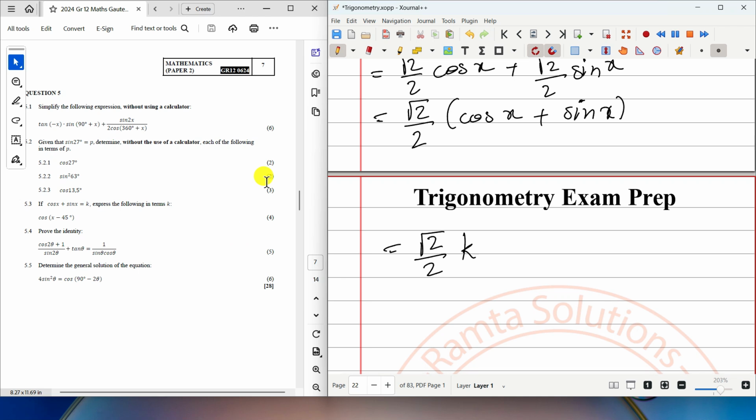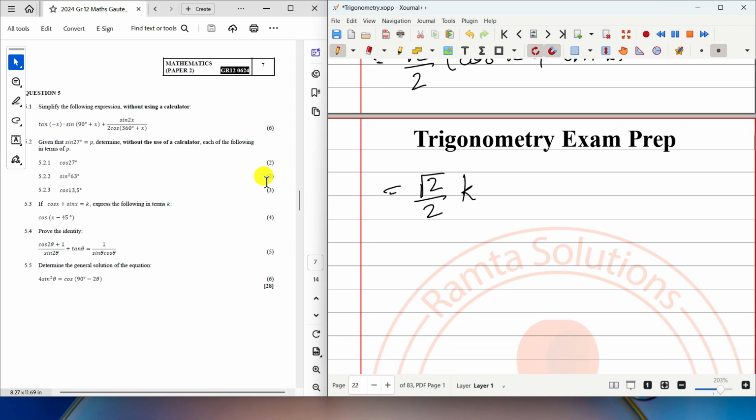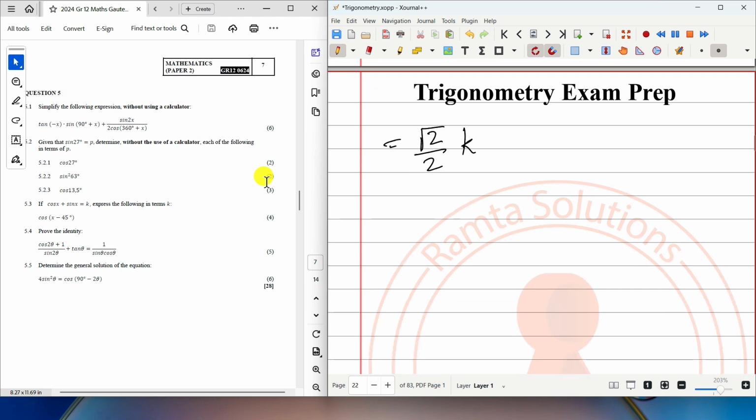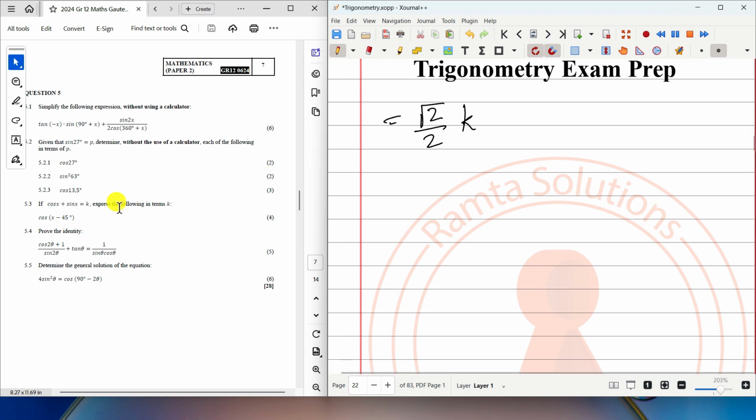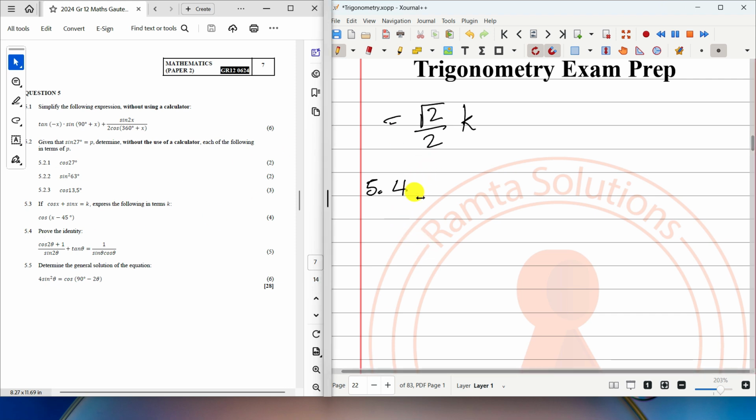So we are left with question 5.4 and 5.5. That's 11 marks. Okay, let's see now. 5.4, prove the identity: cos 2 theta plus 1 all over sine 2 theta, plus tan theta is equal to 1 over sine theta cos theta. The one that seems easy to manipulate is the left-hand side.